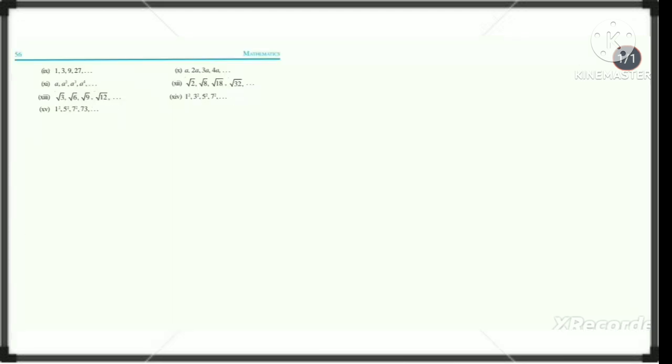Question number 9, and here the sequence of numbers is 1, 3, 9 and 27, and this is A1, this is A2, this is A3, and this is A4.